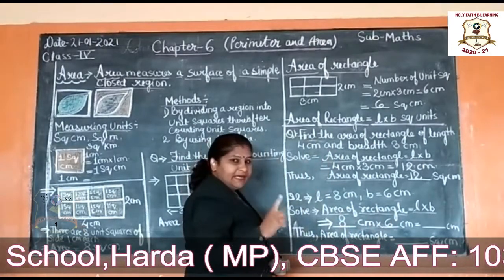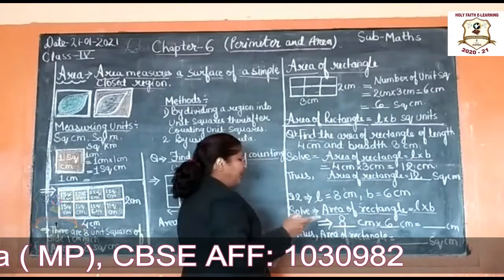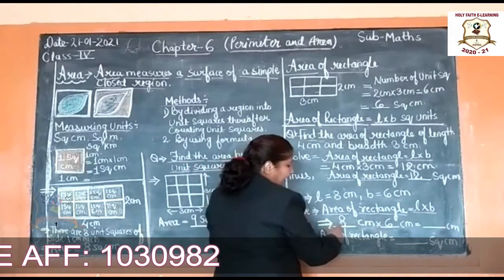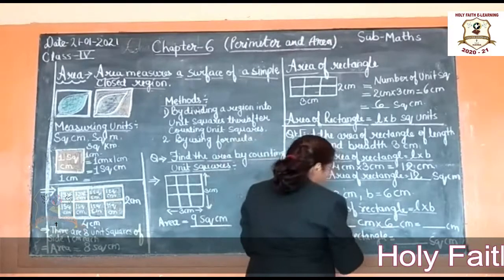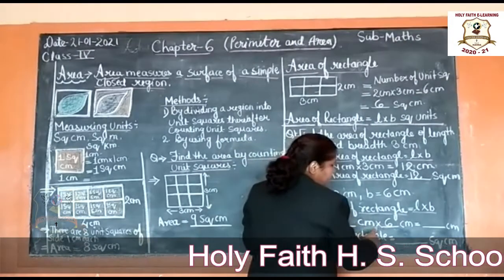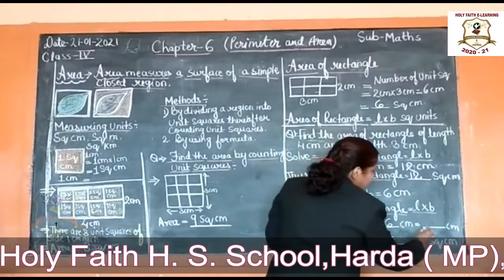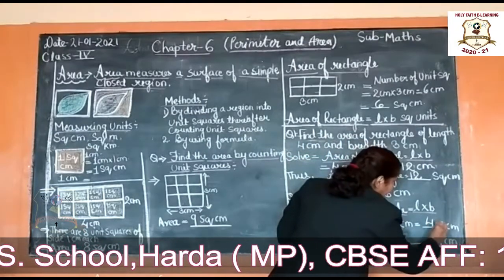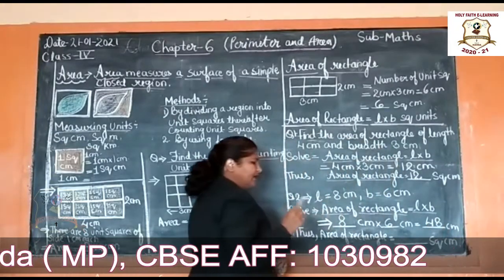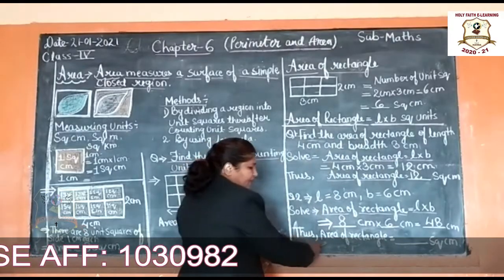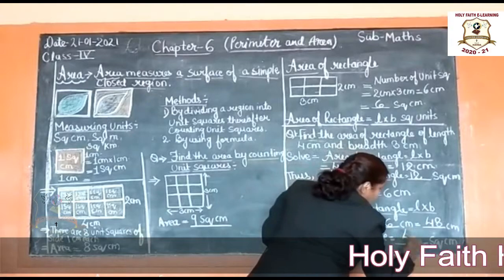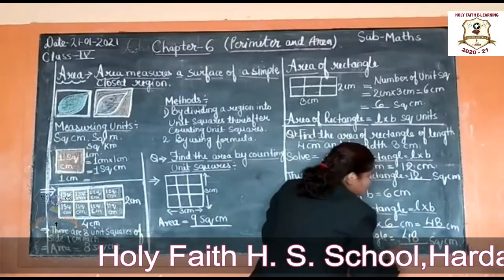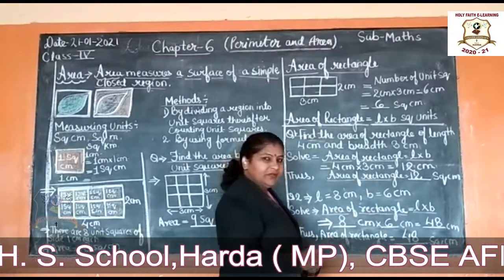Now we will multiply length into breadth. 8 6s are 48. Thus the area of rectangle is equal to 48 square centimeter.